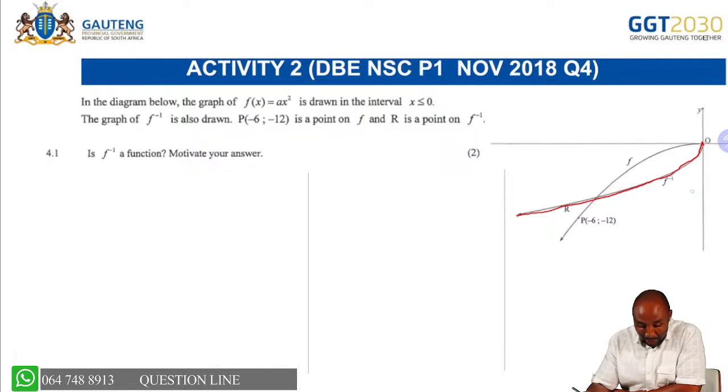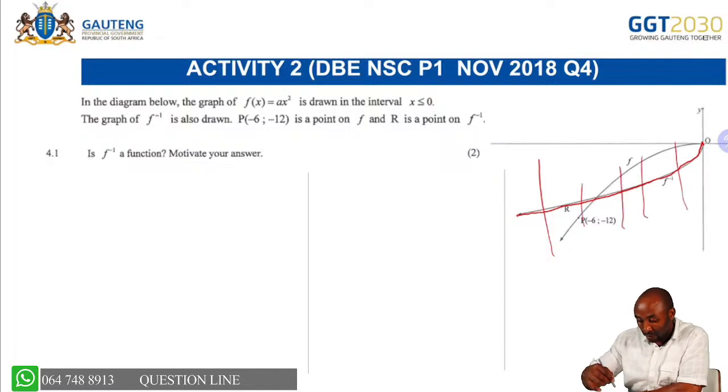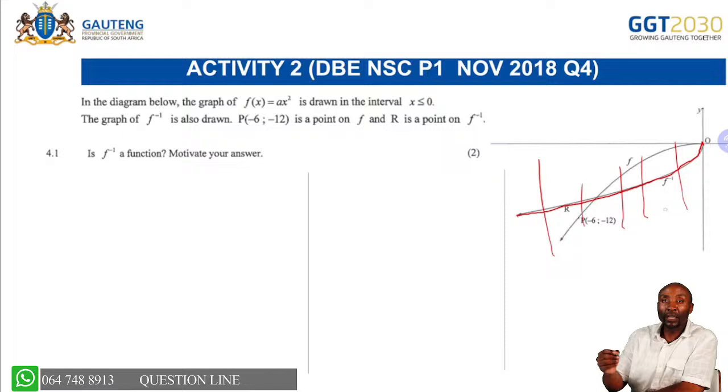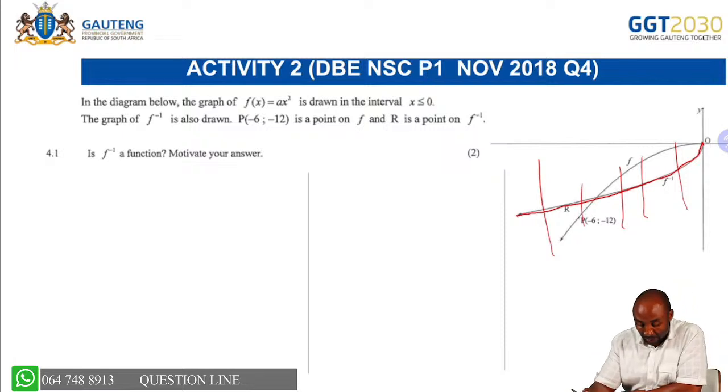And it is a one-to-one function because it passes both tests. It is a function. Can you see that the red graph is crossed by the vertical line once? Also for the horizontal, it will only be intersecting at only one point. It is a one-to-one function.